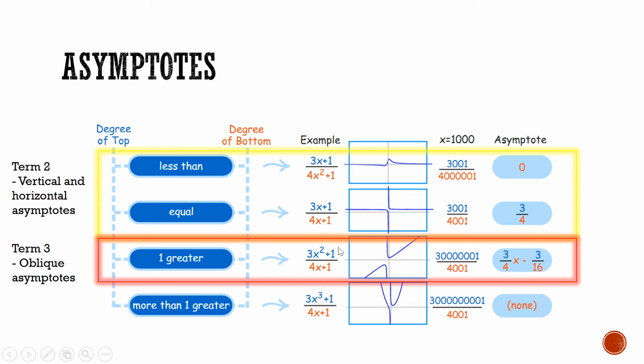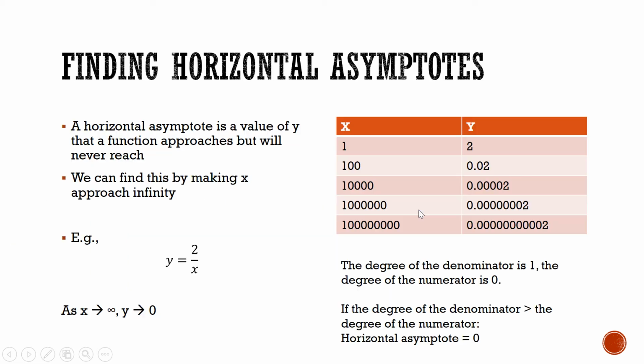If we start making the degrees higher in the numerator, we get what we call oblique asymptotes, which look kind of like this, and that's term 3 stuff. So we'll be touching on this again next term in a bit more complexity. This is what we're looking at here, where a horizontal asymptote can actually be something other than 0. These are the vertical asymptotes here, and in this lesson we're looking at the horizontal asymptote.